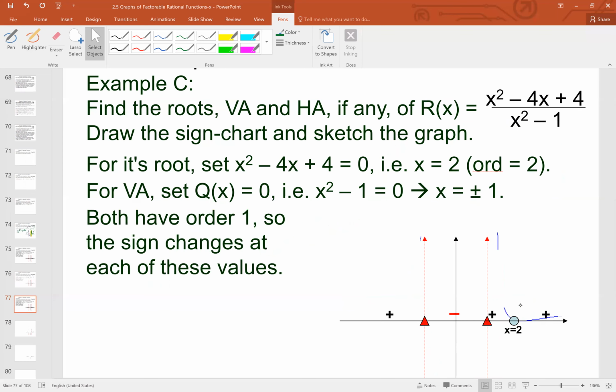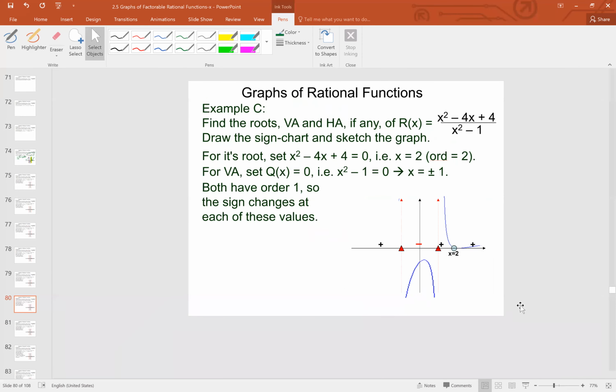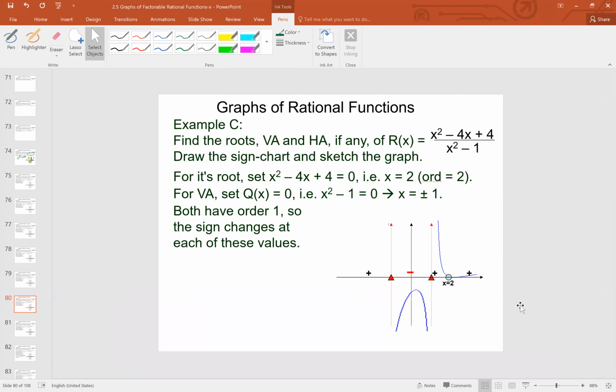Okay. Here's the sign chart. The curve makes a little parabola around 2. And the asymptote forces the middle portion to go down, the y becomes more and more negative, and then finally to the left-hand copy, it goes up because it's asymptote positive.